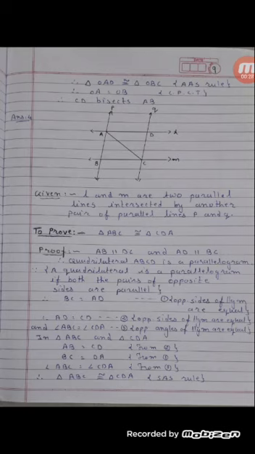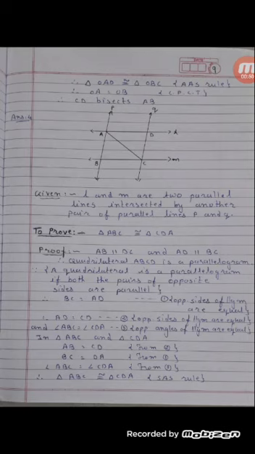Now, if you write the given and to prove from the question in the exam, you will get 1.5 marks. Even if you cannot write the proof, you can get 1.5 marks for given and to prove. So in the exam, it is compulsory to write given and to prove.